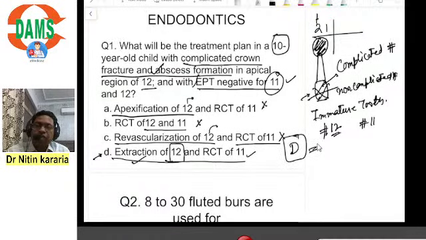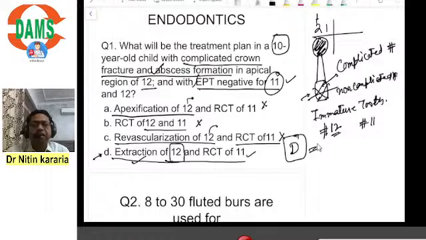So again, whenever it comes to endodontic traumatology, it's an interesting subject. There can be a lot of options. So the most important thing you have to look for is the age of the patient. Age of the patient helps us in determining whether the maturity status of the tooth is complete or not. Okay, if it is complete, a simple root canal can be done.